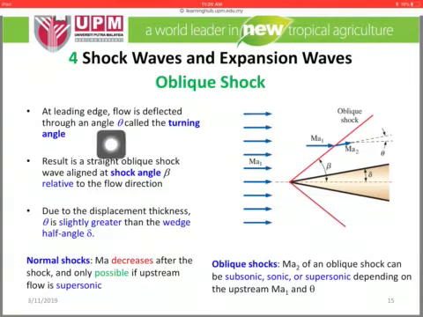Theta is the turning angle, where when the flow faces the shock, it will have an angle afterward, and that angle is the turning angle, theta. So as you can see, the Mach number changes after the oblique shock as usual.